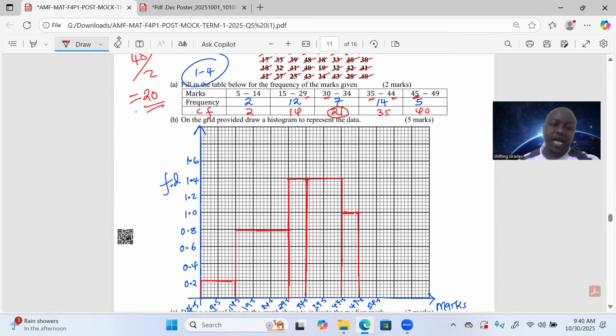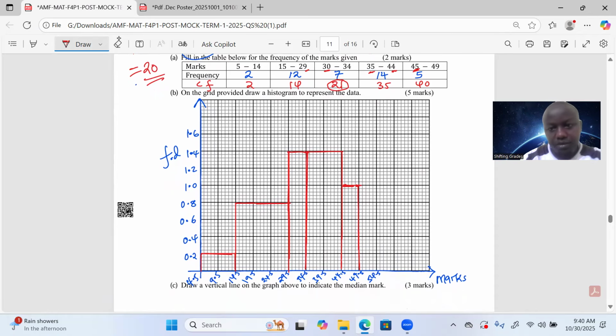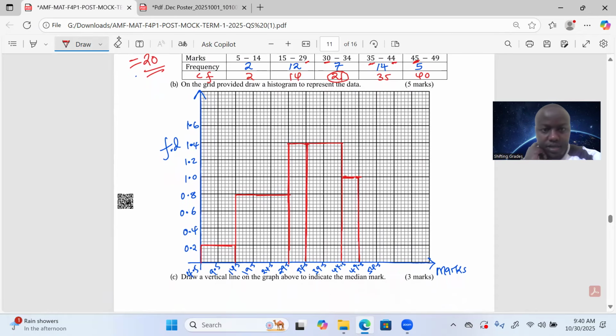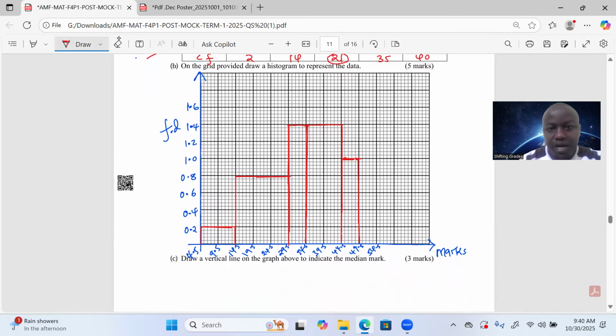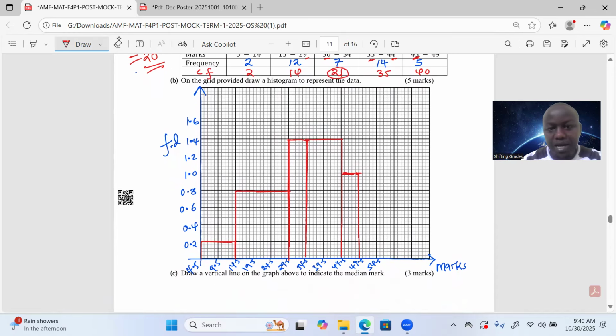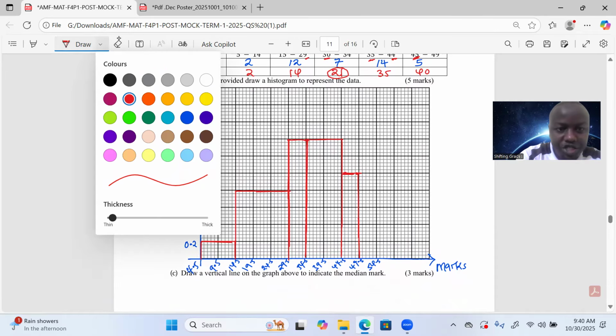Now, the median is the mark that has been scored by the 20th student, and we should be able to determine it. Therefore, we first check how many students are in the first class. Let me use this green here.